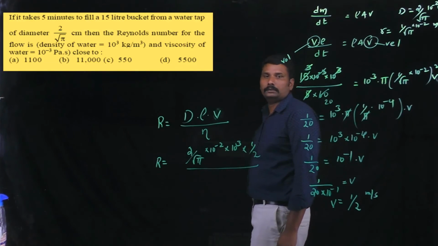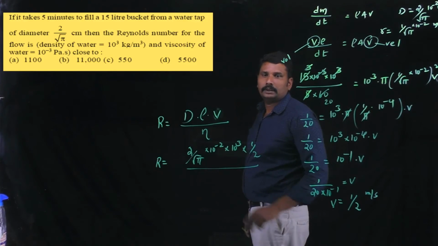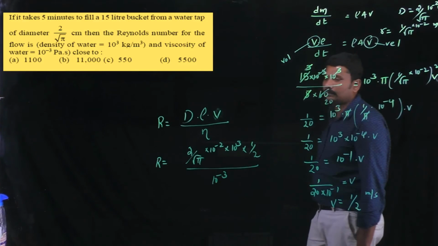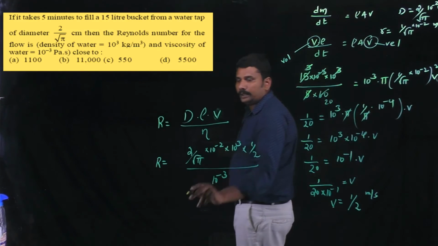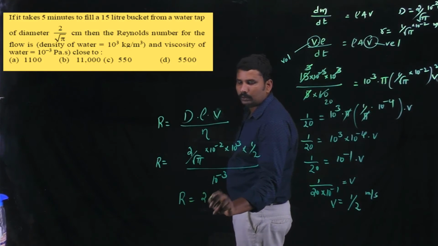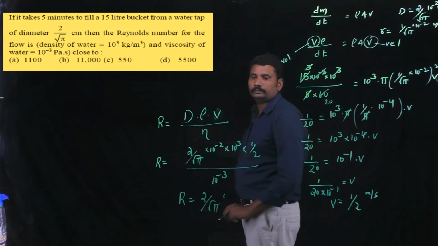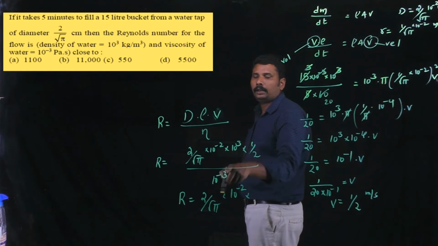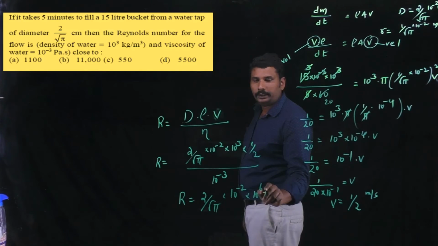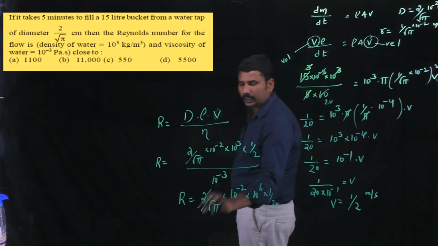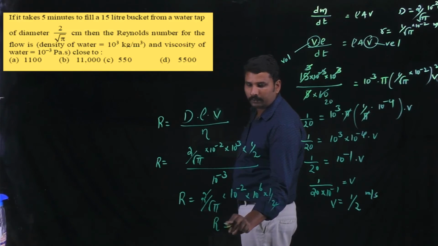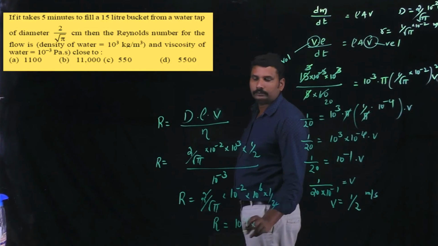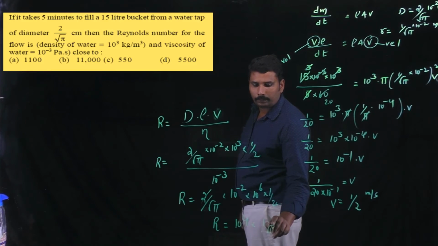The value of eta, viscosity, is given as 10 power minus 3 Pascal second. Okay, on taking it to the top side, it is R equals to 2 by root pi into 10 power minus 2 into 10 power 6 into 1 by 2. By cancelling the common terms, the Reynolds number is R equals to 10 power 6 into 10 power minus 2, it is 10 power 4 into 1 by root pi.